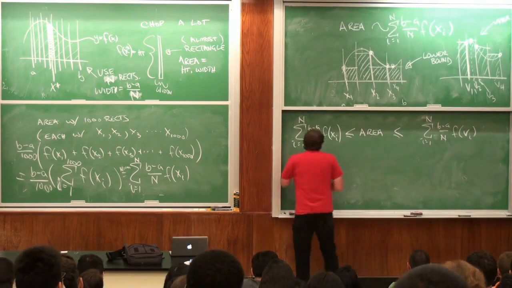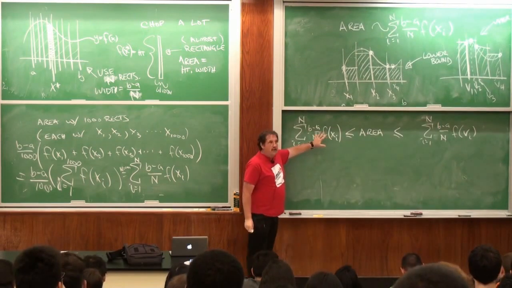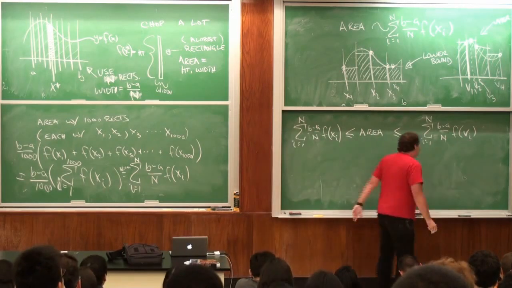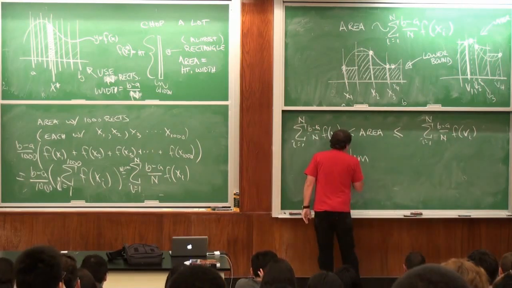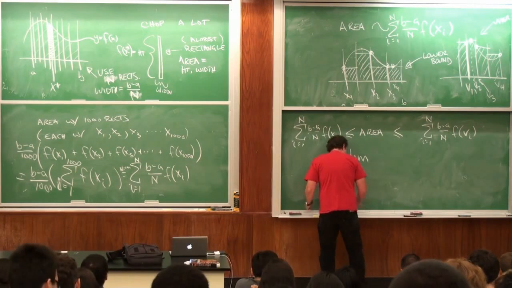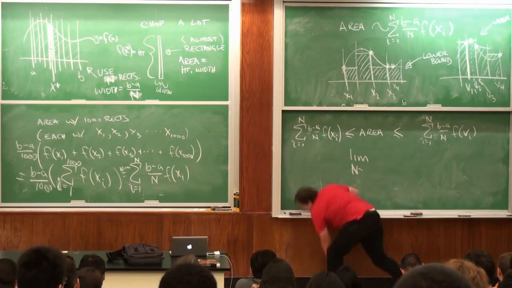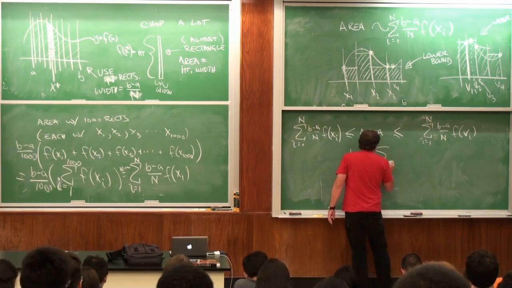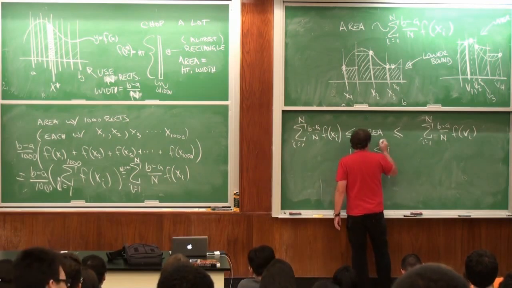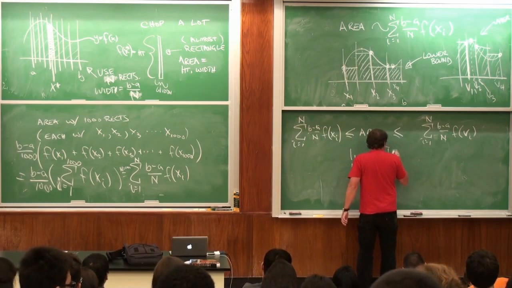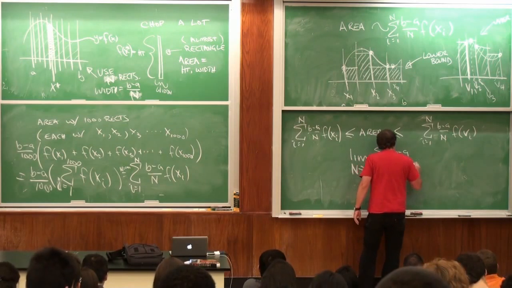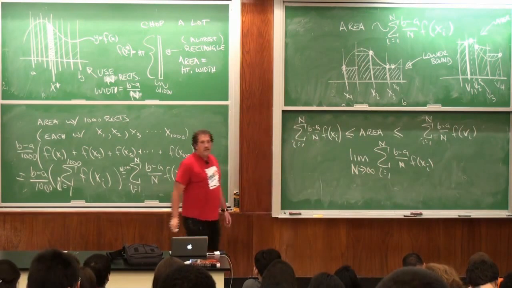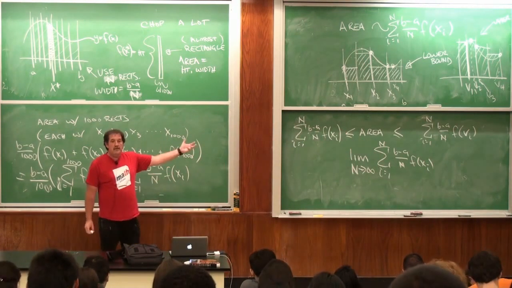And so, as we take more and more rectangles, these two numbers go to the same thing. So if we take the limit as n goes to infinity of either of those, or any other way of choosing them, then this goes to some number.